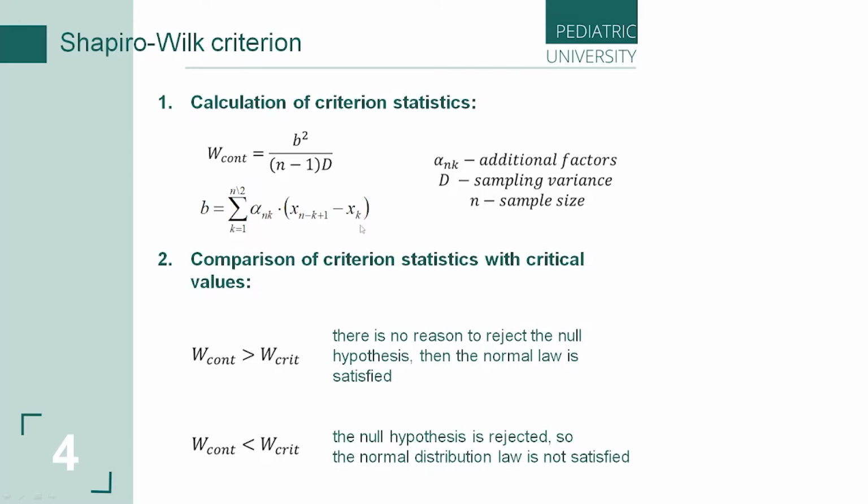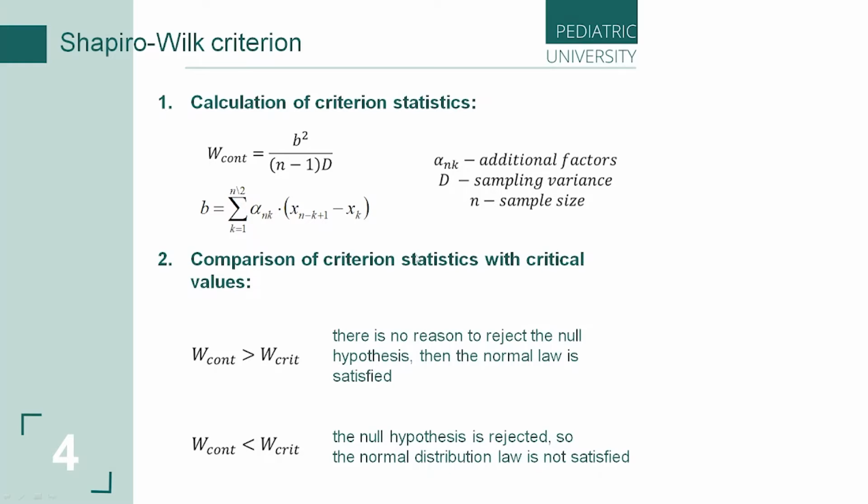That is, we subtract the first from the last element of our ordered sample. Further, if k is 2, then we have x n minus 1 minus x2.